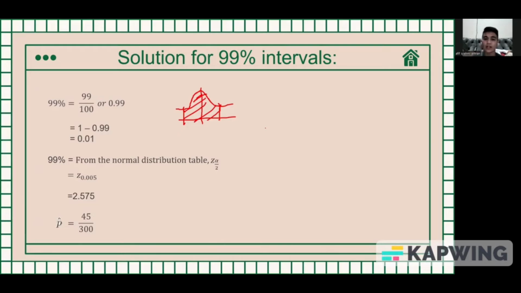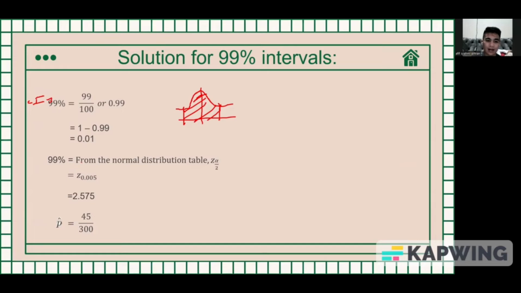First of all, we need to draw the z-score table, and we need to calculate the confidence interval, which is 99%. We need to change it into decimal form, simply by dividing it by 100. We subtract it from 1 and we get 0.01.